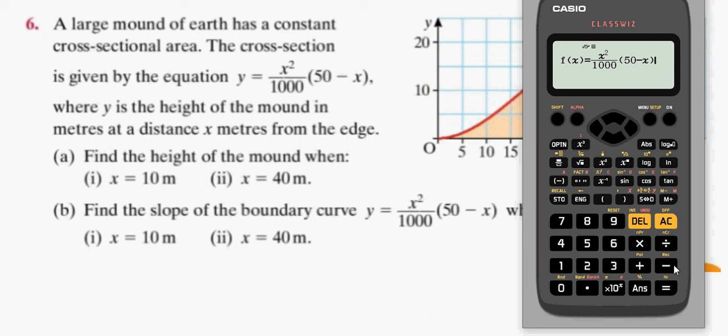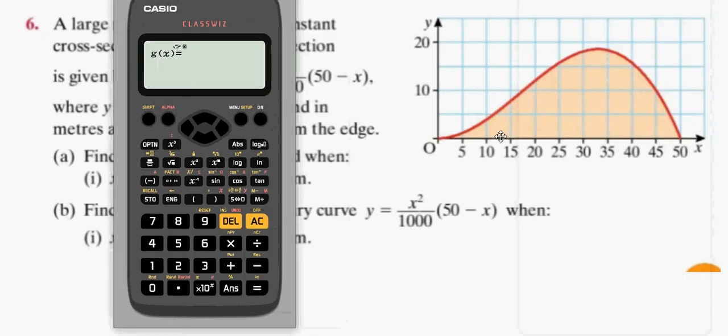What do you reckon? Go up in tens. Actually, I'll go up in fives from 0 to 50. How about that? Start at 0, end at 50. Go up in fives. Not doing anything that's rocket science at the moment.